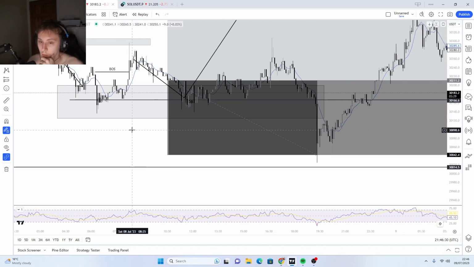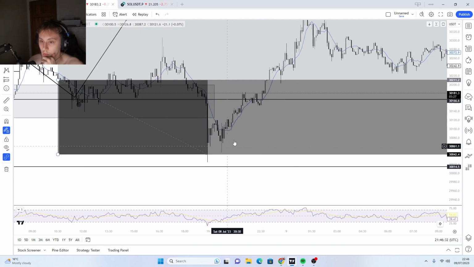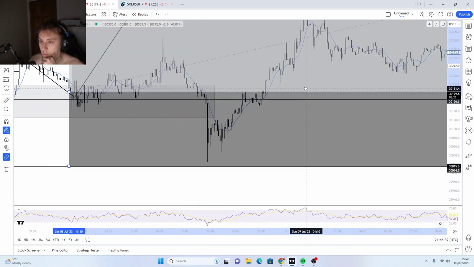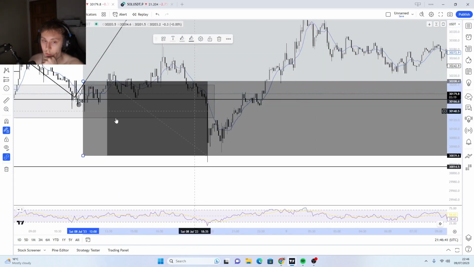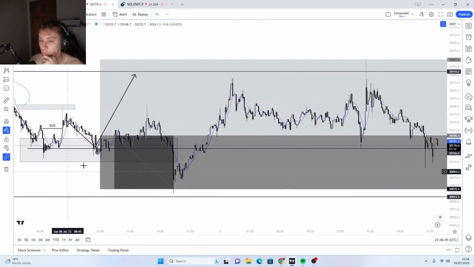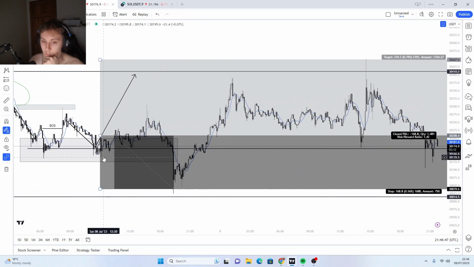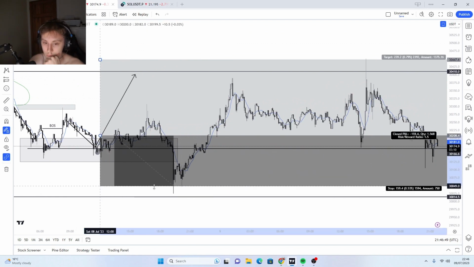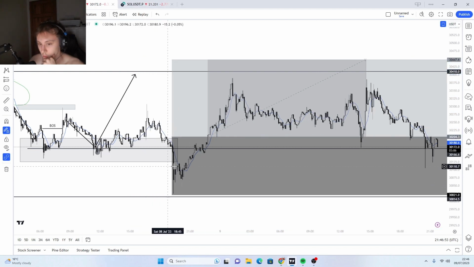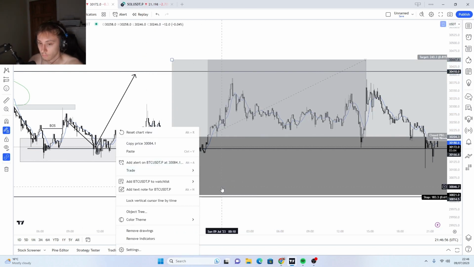But yeah, on here, gotta look for breaker structure, which was here. I did a long position there technically, which would have been technically here. In fact, I'm just gonna delete everything for now.